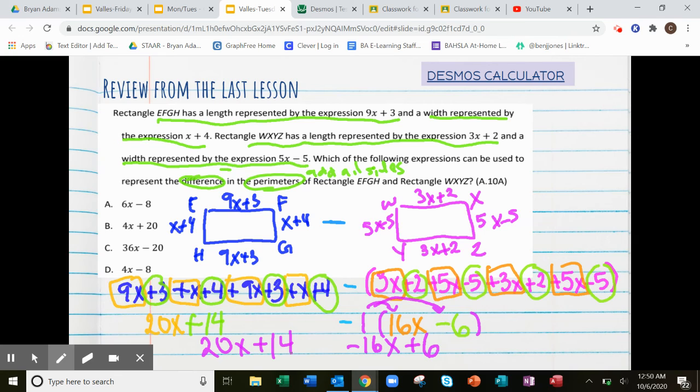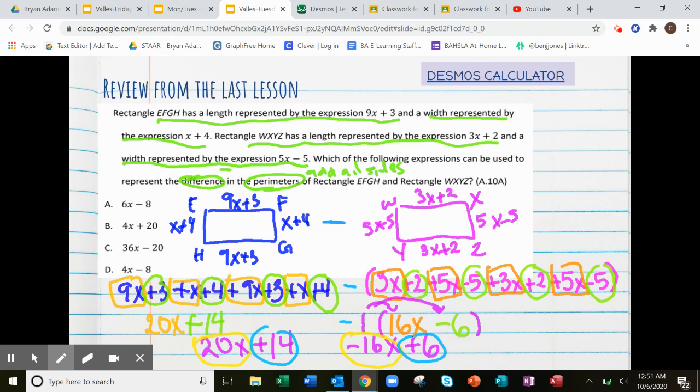Lastly, going through and combining the like terms again. I have my x's here, and I have my constants.